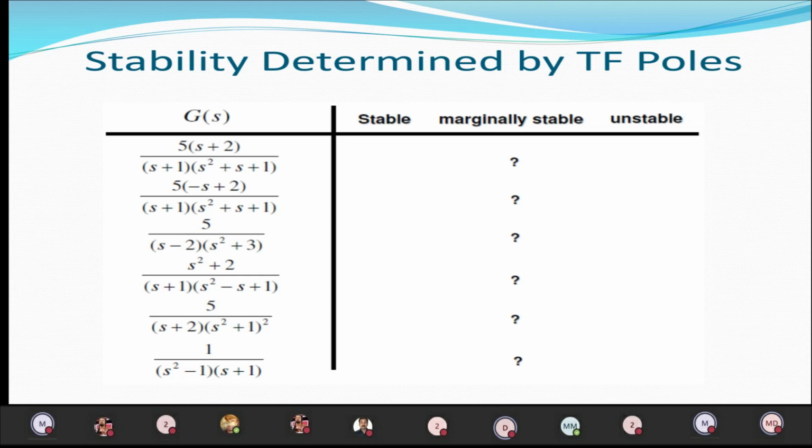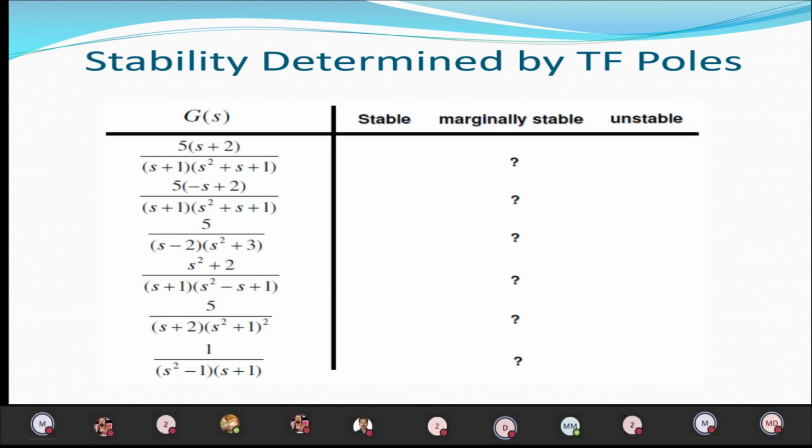Another factor, s square plus s plus 1, has poles on the imaginary axis. Whenever poles are located on the imaginary axis, the system is said to be marginally stable.